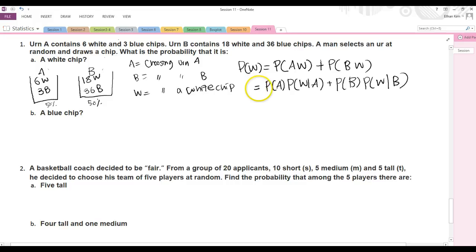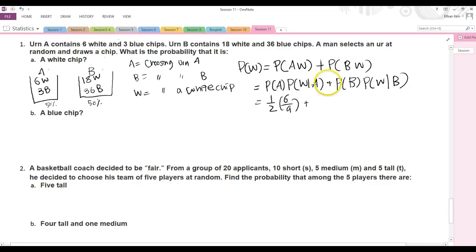Okay, and we established that the probability of A being chosen is 1/2, because these two are equally likely, and the probability of W given A, so the probability of choosing white in A, is 6 out of 9.